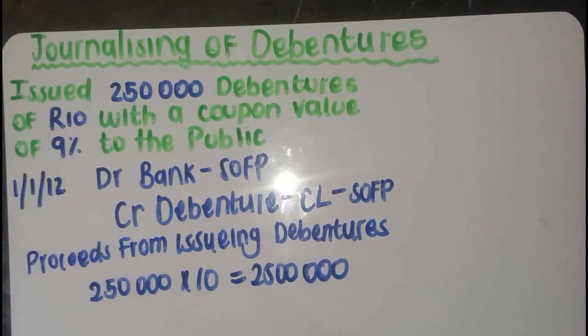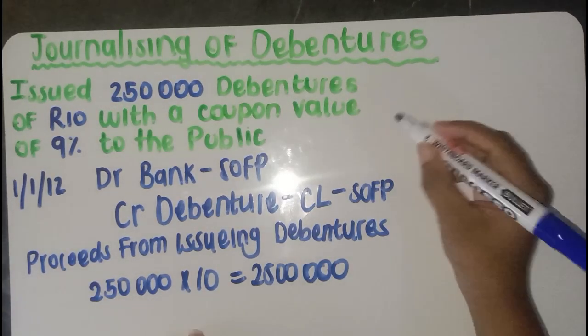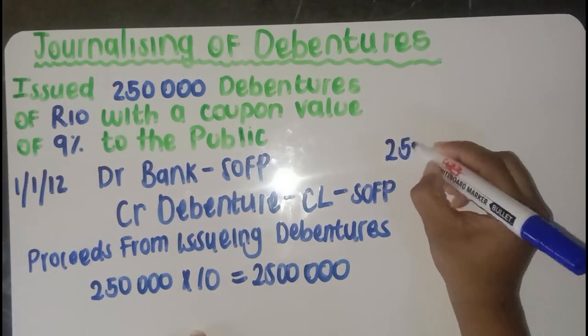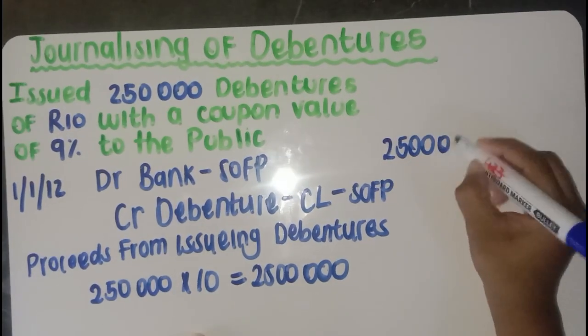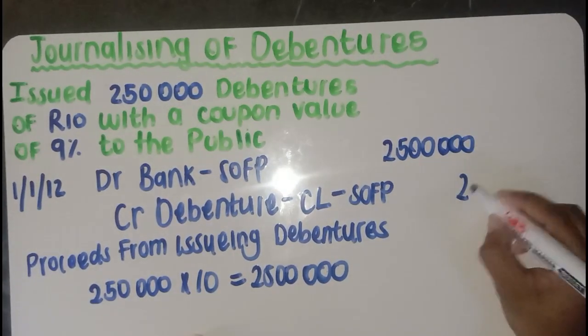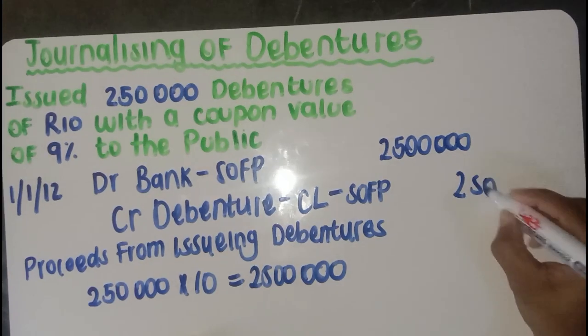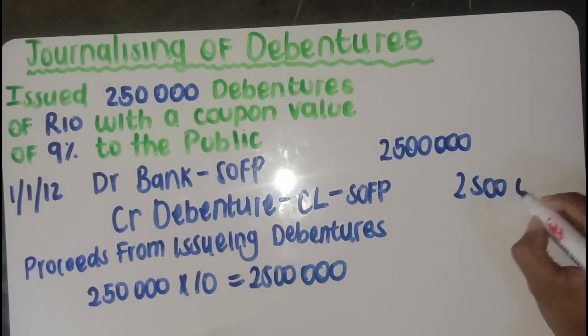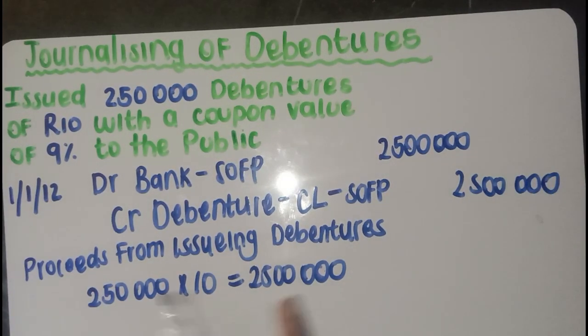Yes, that's correct. So you're going to have 2,500,000, 2,500,000, and 2,500,000.